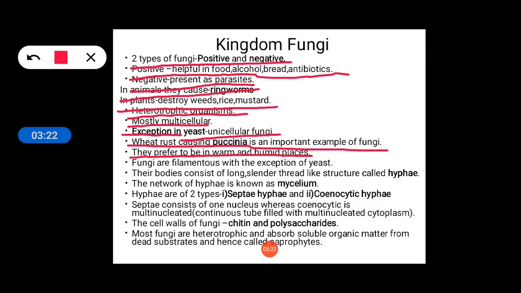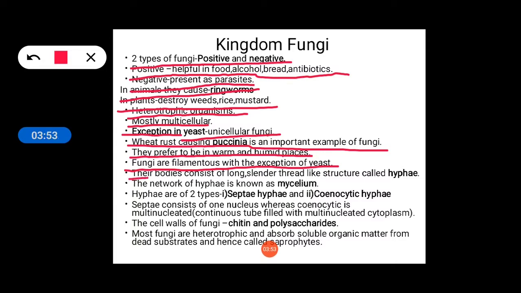The next point is fungi are filamentous with the exception of yeast. So all the fungi are filamentous. That means they possess filaments in their body. But the fungus yeast, which is unicellular, is an exception here, and yeast does not contain any filaments in its body.